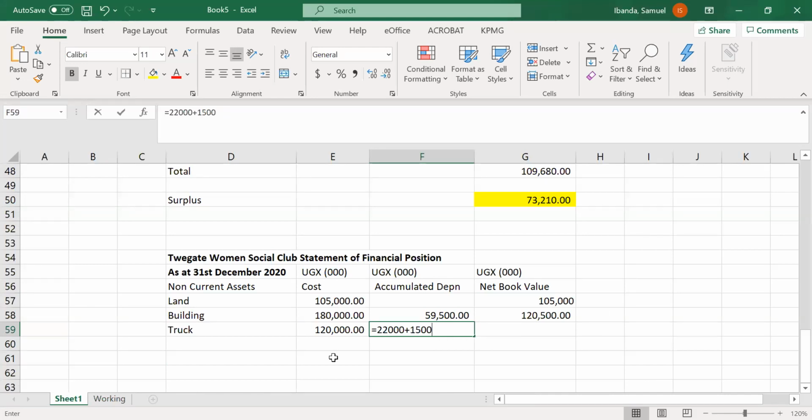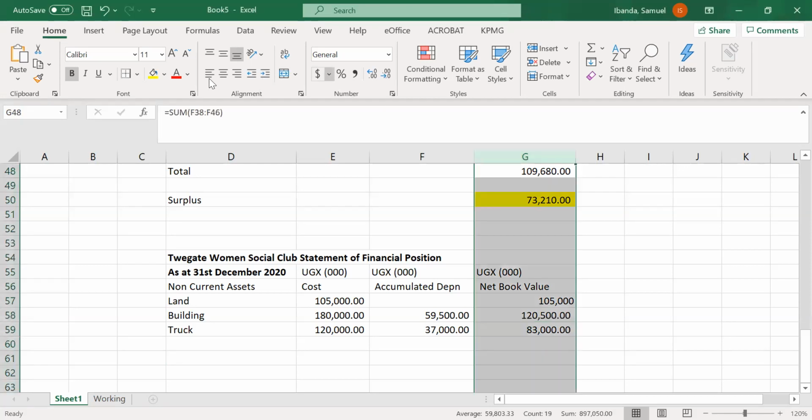So I have 37,000, which is this minus this, giving me 83,000. Okay, I get my 83,000. I hope we are following. So those are the non-current assets that I basically do have.